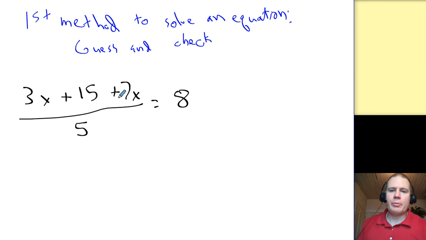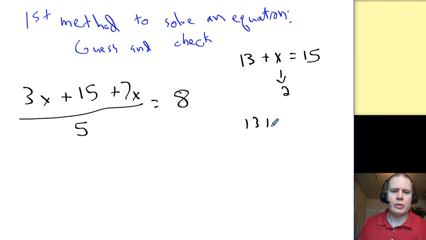But for some equations, we can kind of guess and know more intuitively. We're not really doing anything. I'm just saying, well, I think x is 2. So let's try that. 13 plus 2 is 15.